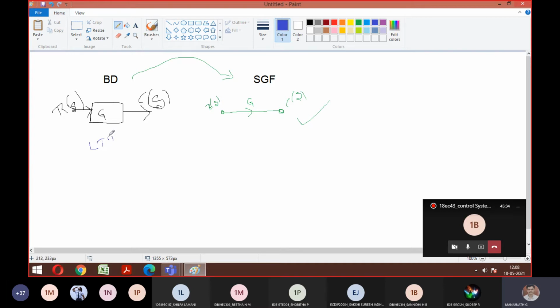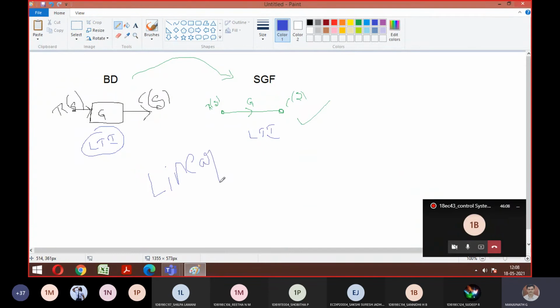In general, LTI means linear time invariant system. In your signals subject, in the second module, after learning about systems, you are going to learn something called LTI, linear time invariant. I hope in network analysis we clearly mentioned the difference between linear network and non-linear network.